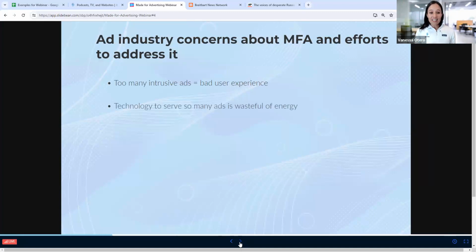Another one is that the technology to serve so many ads is really wasteful of energy. And there are companies out there like Scope 3 and Good Loop and several others that measure the carbon emissions of all the massive servers that it takes to serve these ads to you so quickly, and especially so many of them.